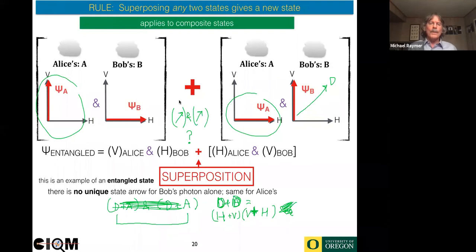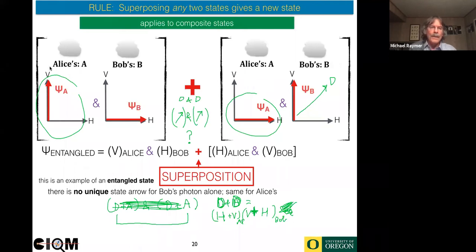So what I posed was, could this state that's shown up here be represented by D and D? If that were the case, we would write D and D, and this D for Alice's photon would be H plus V, and Bob's photon would be H plus V as well.